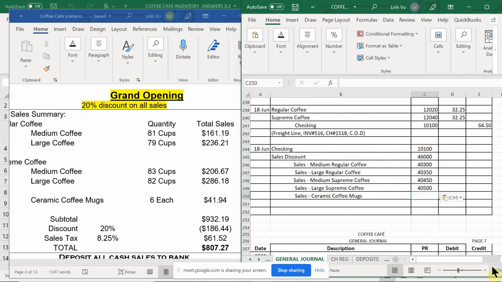Let me see what it is. Sales. So ceramic, where is it? Large. Oh, here, 4150. Okay, 4150. And of course, we have sales tax payable.